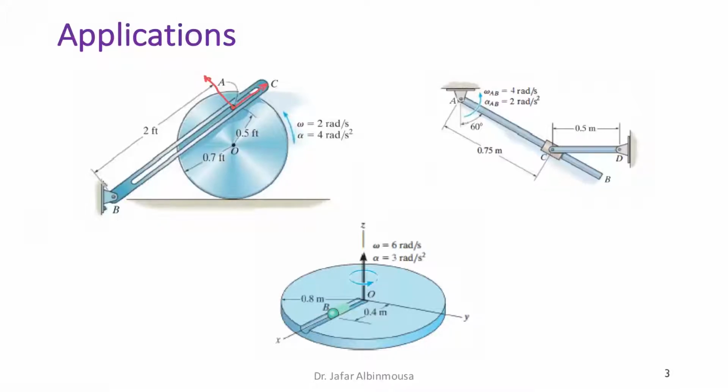This is a very clear example where, if we put the local coordinate system here and the fixed coordinate system here, then the local coordinate system will translate and rotate.